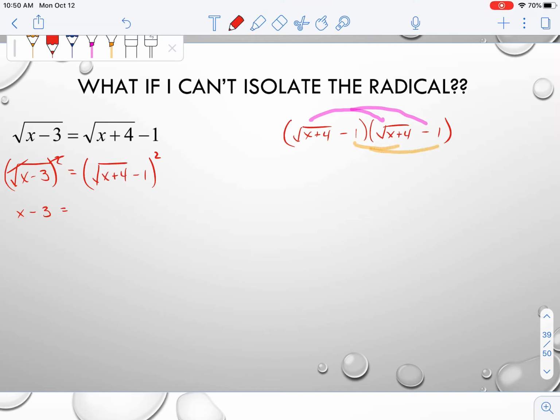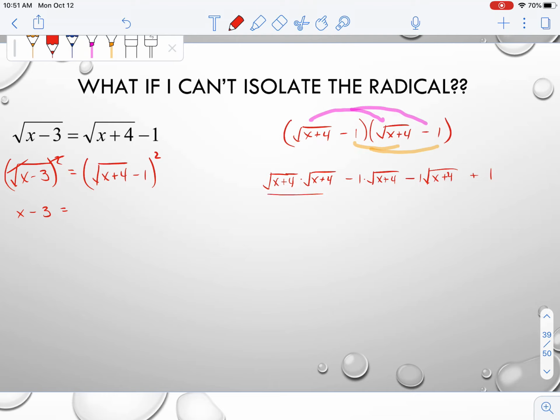So we're going to have square root of x plus 4 times square root of x plus 4, minus 1 times square root of x plus 4, minus 1 times square root of x plus 4, and plus 1.